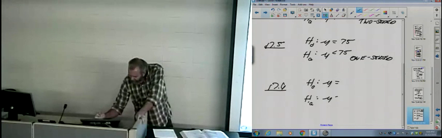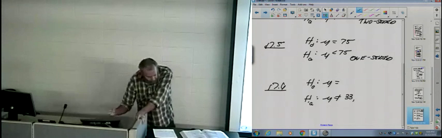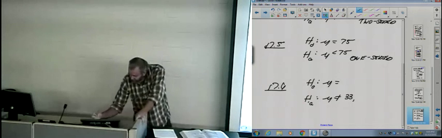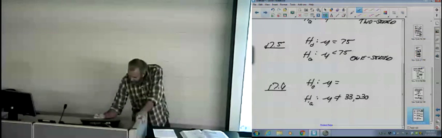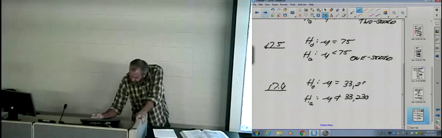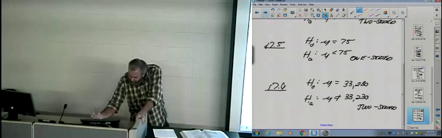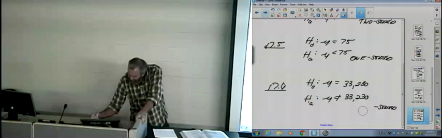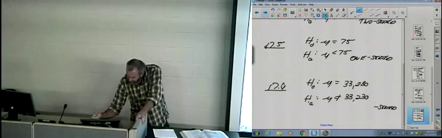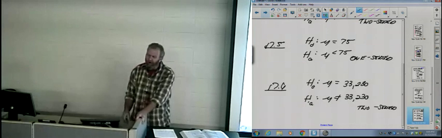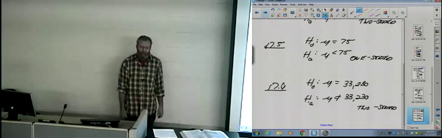Well, the national average was 33,230. That is a two-sided alternative. It didn't say whether they thought one was greater or less than. They just wanted to know if it was different from the national average.